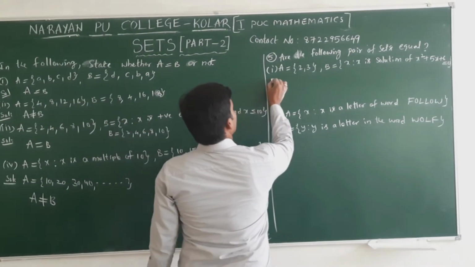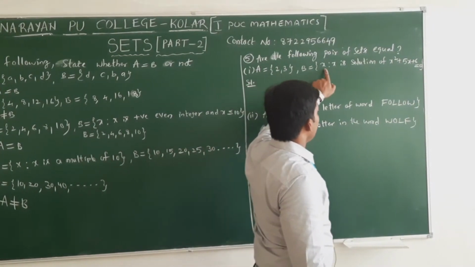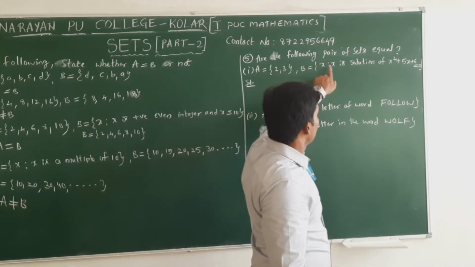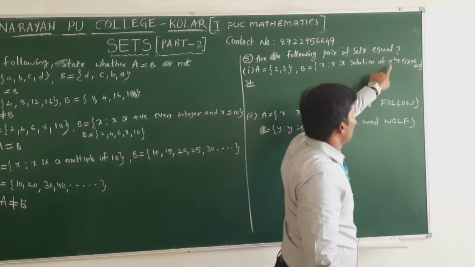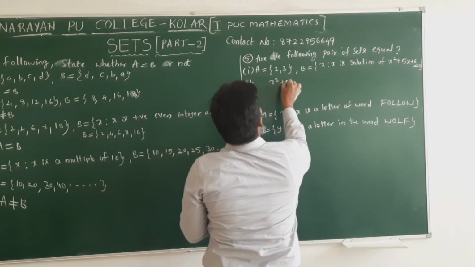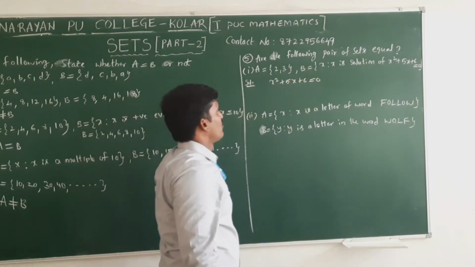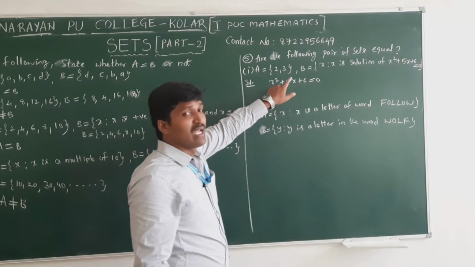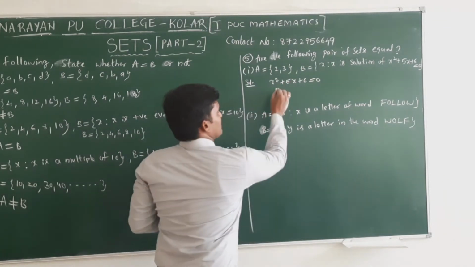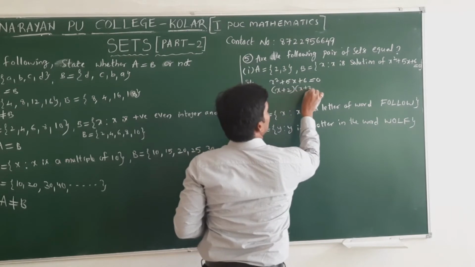Coming to the fifth one, A, given elements: 2 and 3. B is X, where X is a solution of x square plus 5x plus 6. For x square plus 5x plus 6, the factors of 6 we need to get with plus only, that's why plus 2, plus 3. This I can write as x plus 2 into x plus 3.